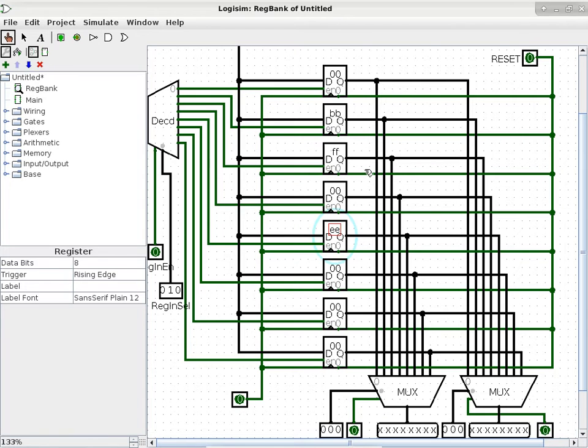So I can actually doctor the content of the registers before I go back out into the main design and see what I need to do to specify I want register B to be output 0, and I want register E to be output 1 from the outside view of the register bank. Okay? Because that's how I specify values to go into the ALU to do all the calculations.